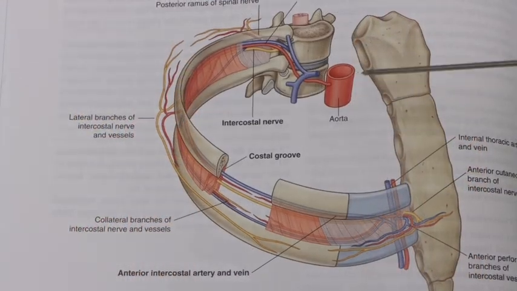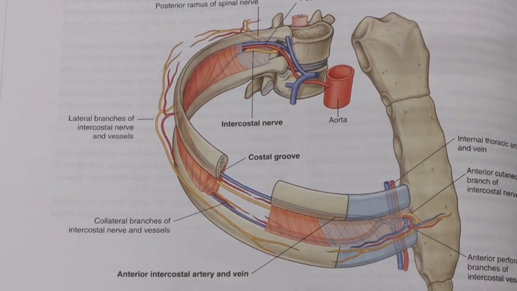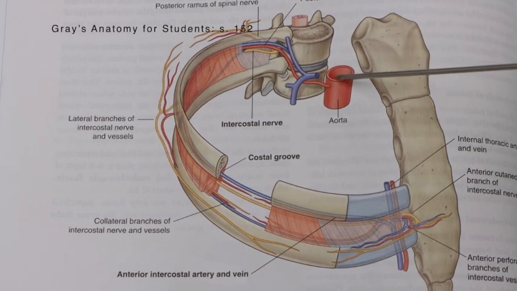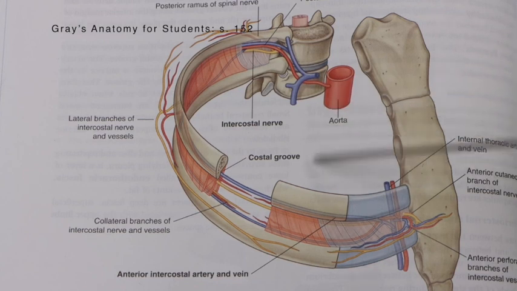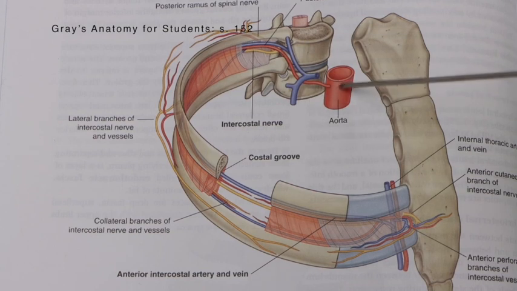So here is the cross section at the intercostal space. Here, as we mentioned, is the aorta, which is located to the left side. Whenever we go to the caudal part, the aorta goes in front of the vertebral column.